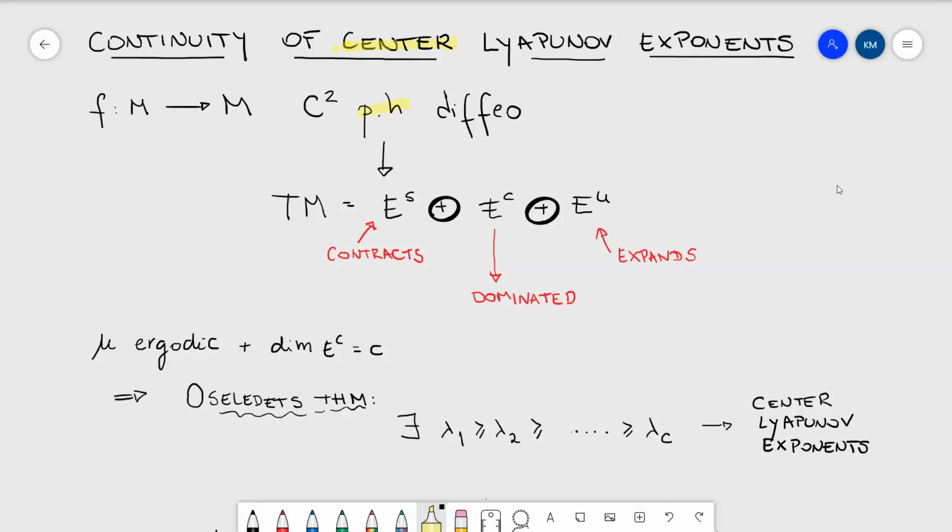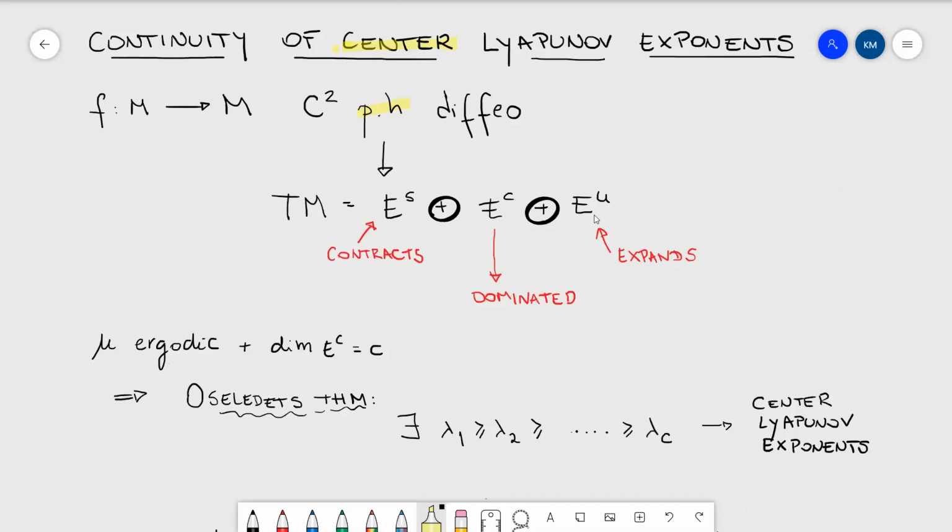So as you know, for partially hyperbolic diffeomorphisms, I have a splitting of the tangent bundle into three different subbundles that I'm denoting E^s, E^c, and E^u. All of them are invariant for the derivative of the map f. And what I have is the derivative here contracts the vectors, here expands, and the behavior here is dominated by the behavior in E^s and E^u.